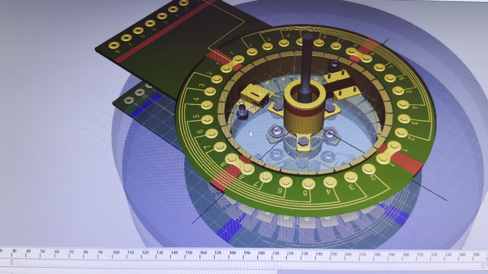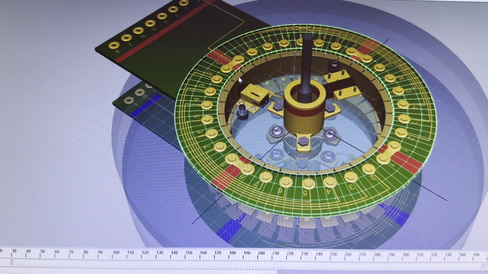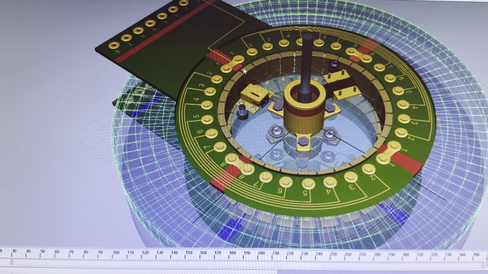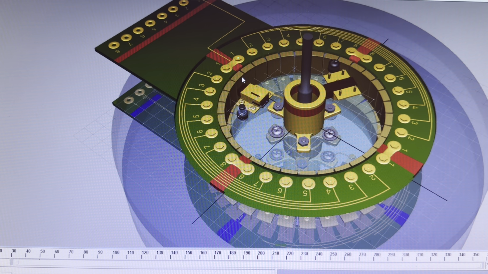At 1, remember, 1 here is double. So these two commutator segments are ones right here, and here are repeated as well, and the 8s are repeated on both ends.